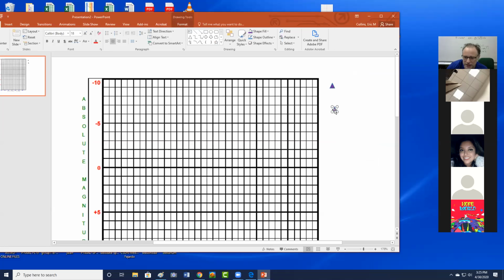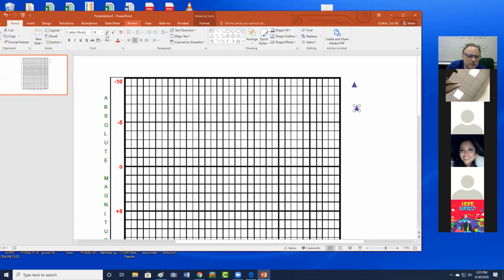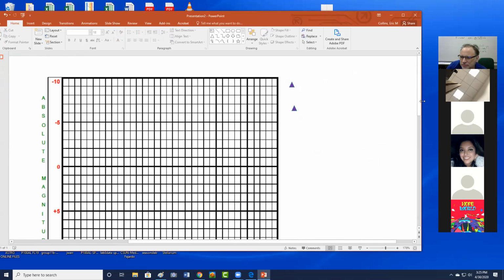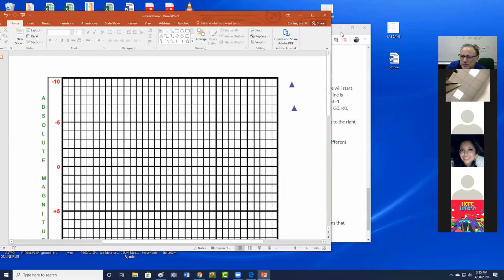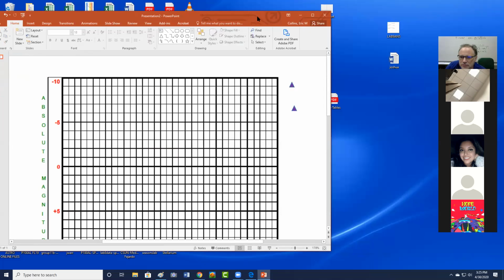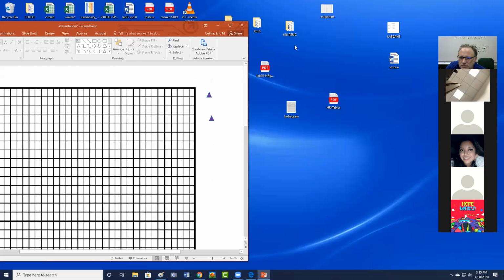Now what I want to do is look at my table. Let me bring up my table. I am sharing my whole screen with you guys, right? Yes. Tables, tables, tables. Where did I put the tables?